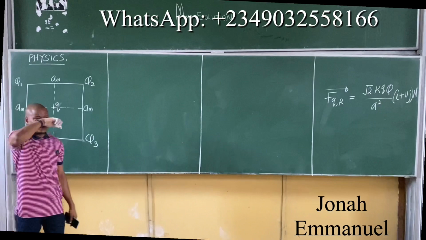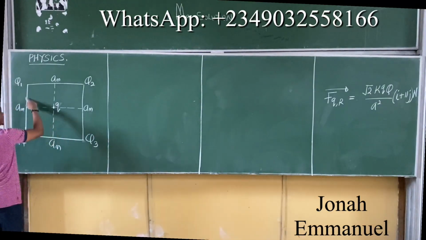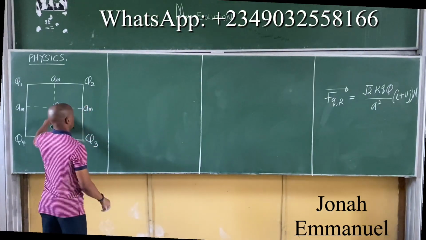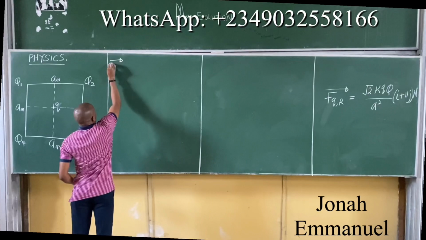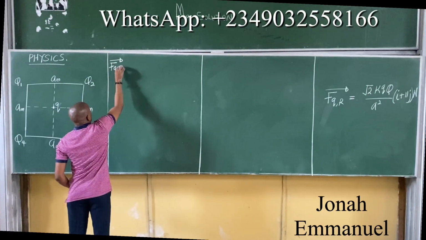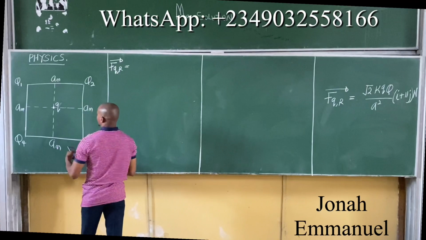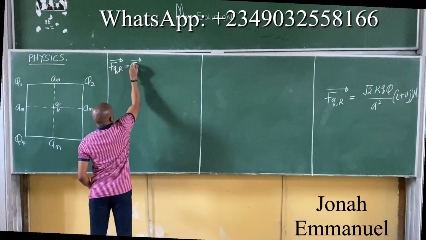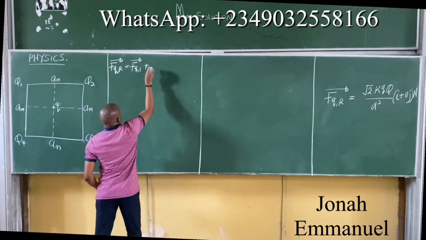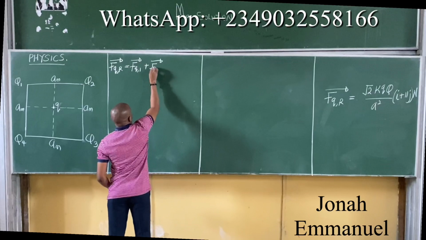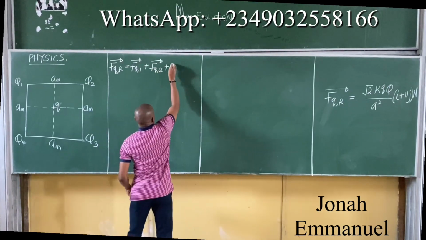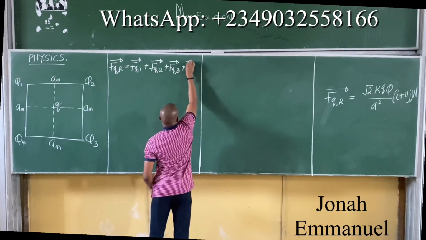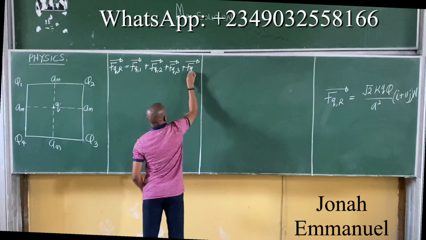My first task: I know that the resultant force on this charge, F_Q resultant, is equal to the sum of the forces: F_Q1 plus F_Q2 plus F_Q3 plus F_Q4.